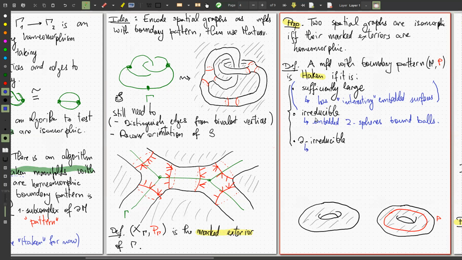Whereas irreducible was about triviality of spheres, boundary irreducibility is about triviality of properly embedded disks.